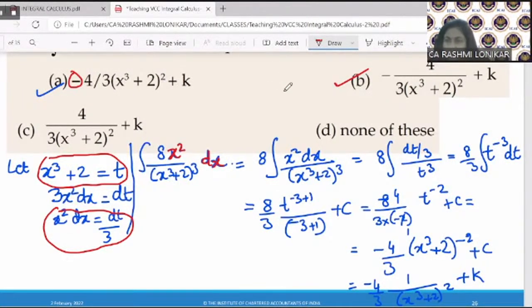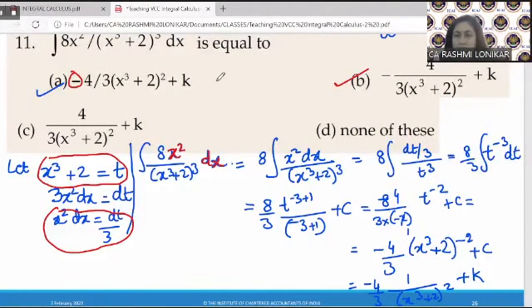Okay, so A and B are the same, but in the exam, don't worry, you will not get two correct options. This may be something to do with printing. So as per the textbook, B is the correct option.